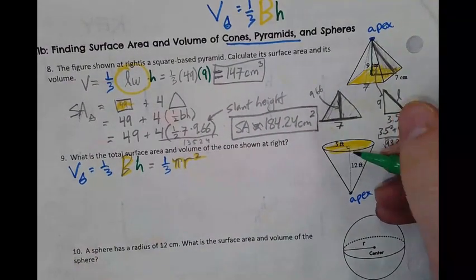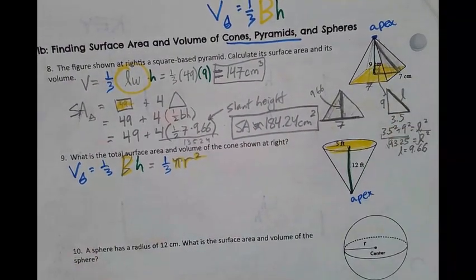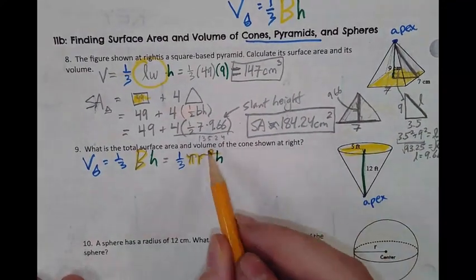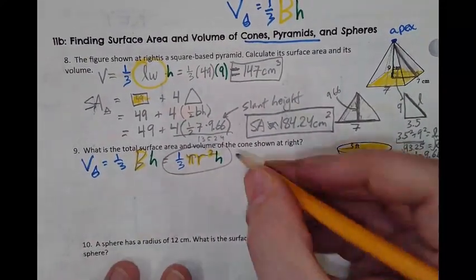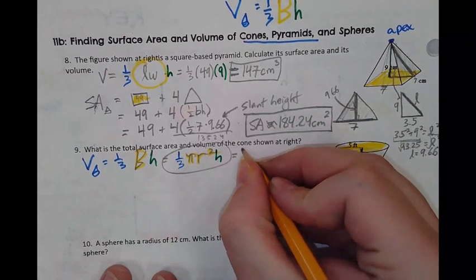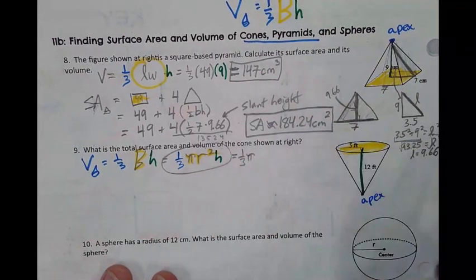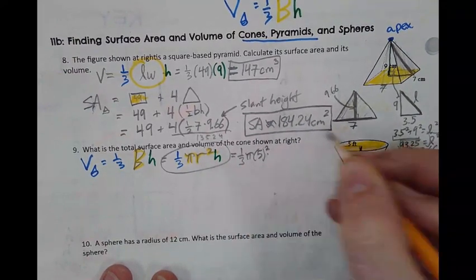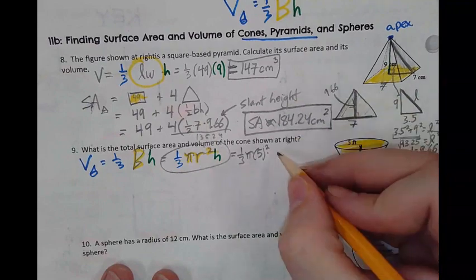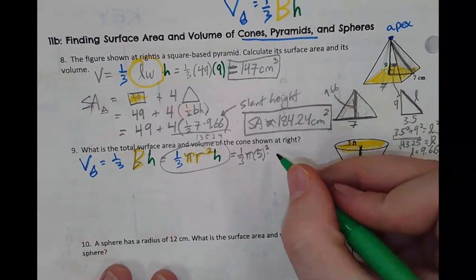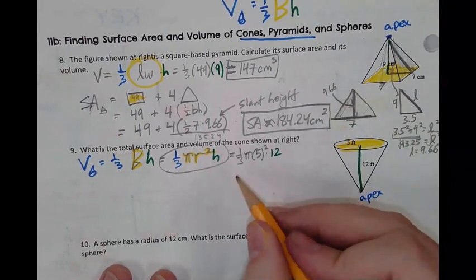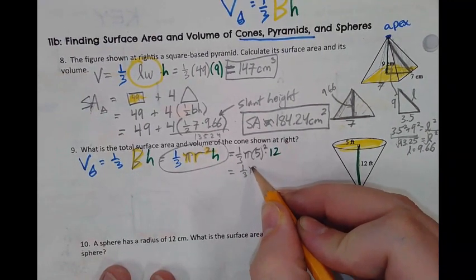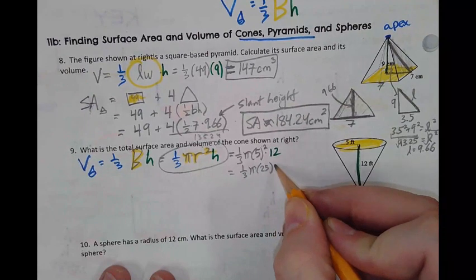And the height of this shape, we can just label it as h for now. This is the volume of all cylinders. But let's plug in some numbers now. We get 1/3 pi, the radius is 5, and the height of this figure is 12. I'll use some color, there we go. Okay, that gives us 1/3 pi times 25 times 12.